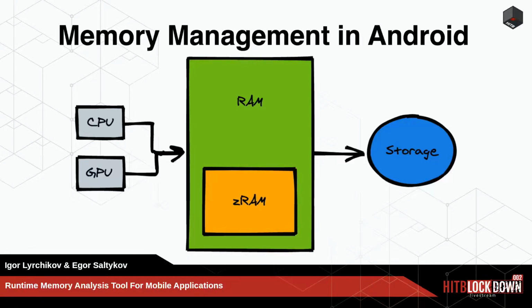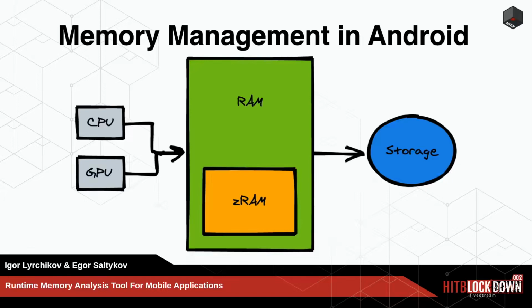Android devices contain three different types of memory: RAM, ZRAM, and storage. Note that both the CPU and GPU access the same RAM. RAM is the fastest type of memory, but it's usually limited in size. High-end devices typically have the largest amounts of RAM.